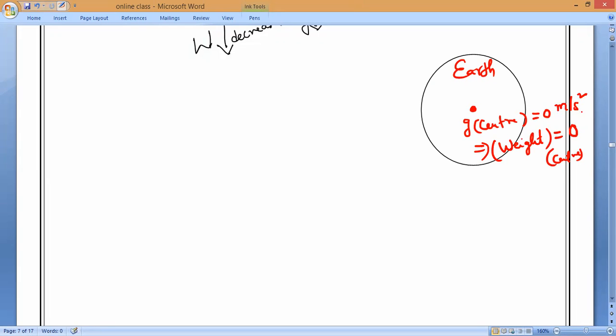This is 0 meter per second square and this is 0 newtons. Any doubt, everybody? So at the center of the Earth, the G value is 0, and so the weight of the object is also 0. That is what we already know.